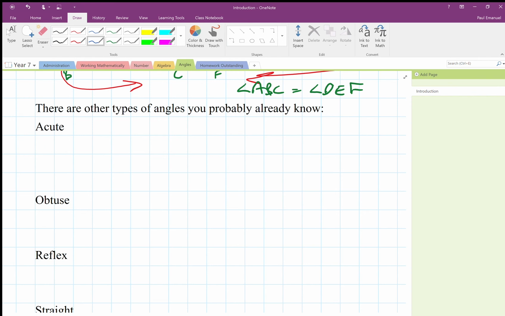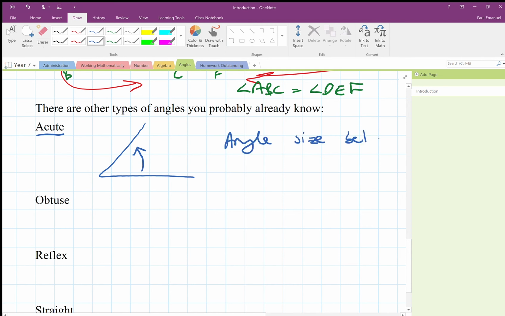So here's some other things that you, I think, know, but just in case you don't. What's an acute angle? Well, an acute angle is one that's between 0 and 90 degrees. So angle size between 0 and 90.